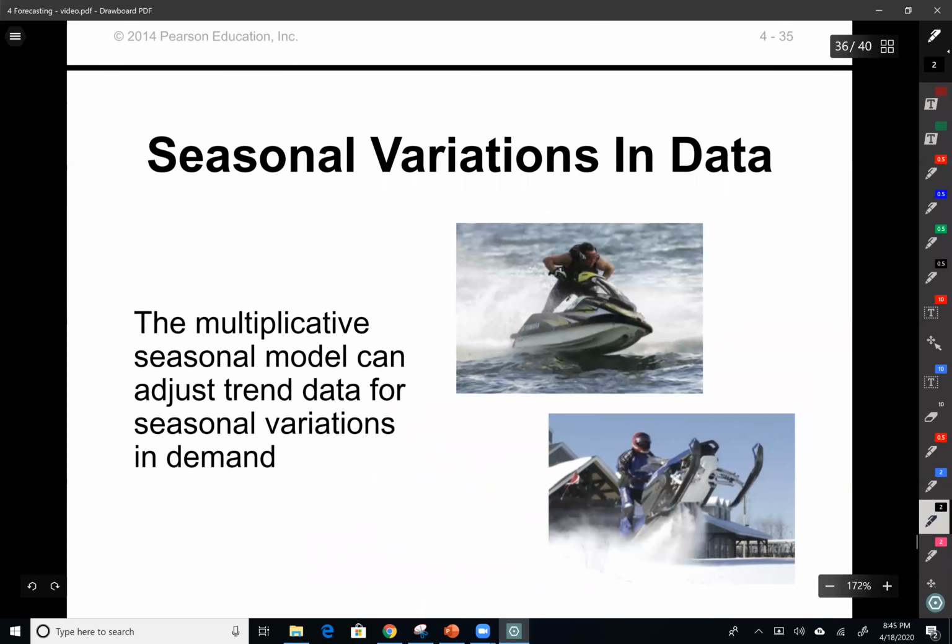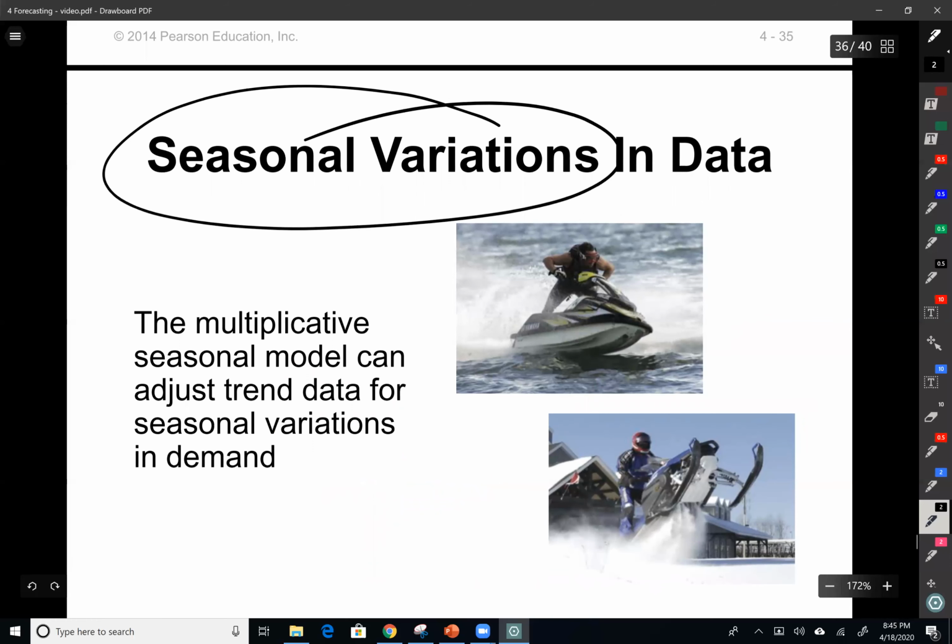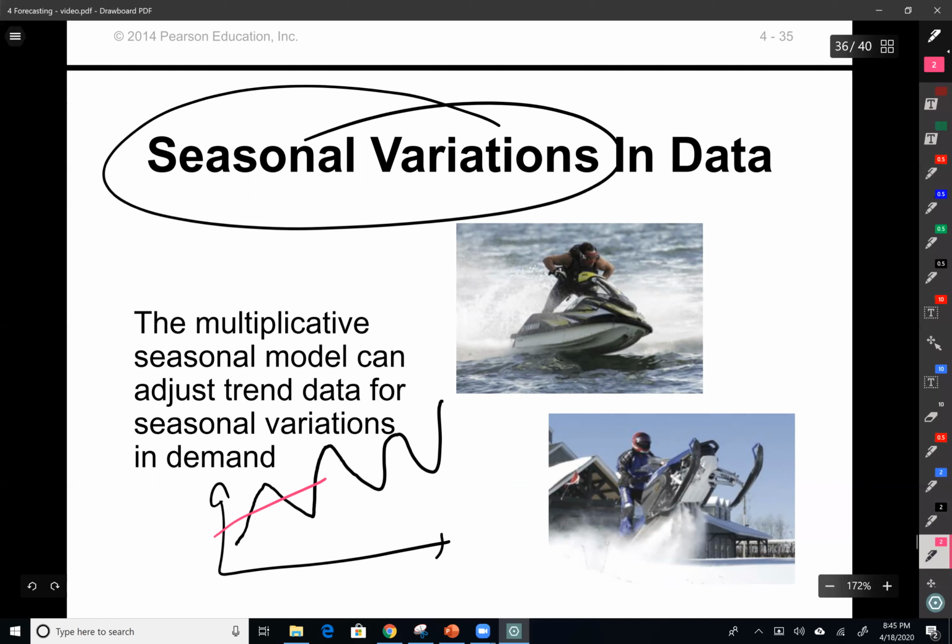Again, we talked about this before, but we have to consider the seasonal variations as well, because if there is seasonality, let's say your winter sales are low, and then the sales go up in summer, go down in winter, go up in summer, and down and up and down. So if you have seasonality like this, the trend line cannot explain everything.